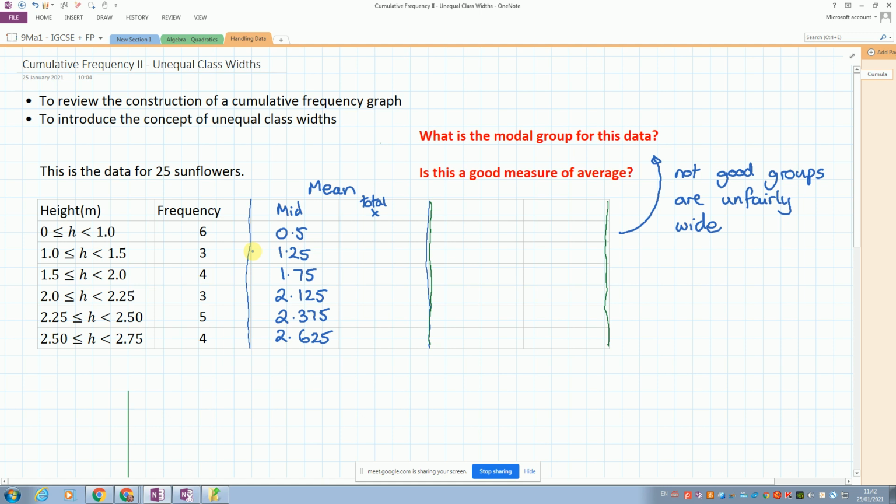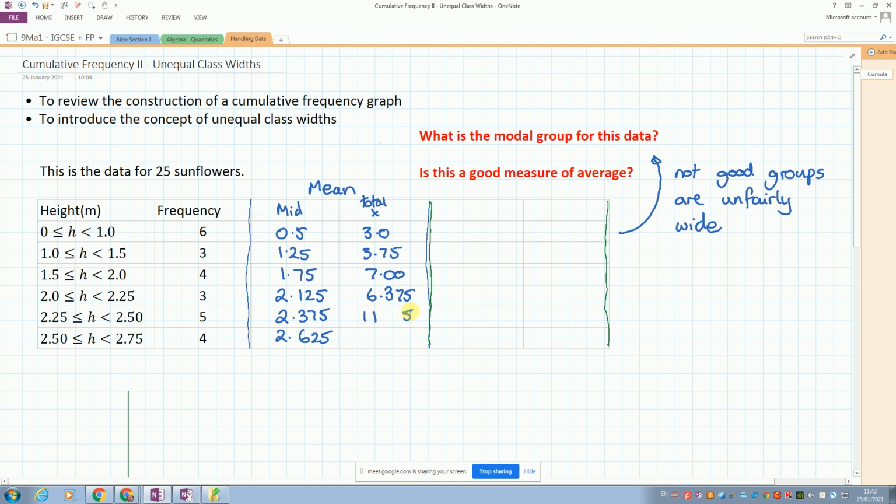And so we now do the total using the calculator. I cheated, I used the calculator that does it for me and it doesn't tell me the table. So we do the multiplication through to give me 3.0. 3 times that gives me 3.75. 4 times that is going to give me 7.0. That one's going to give me 6.375. 5 is going to give me 11.